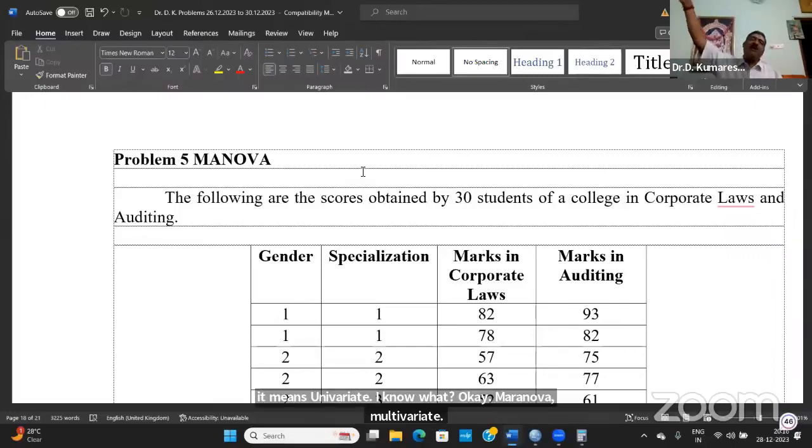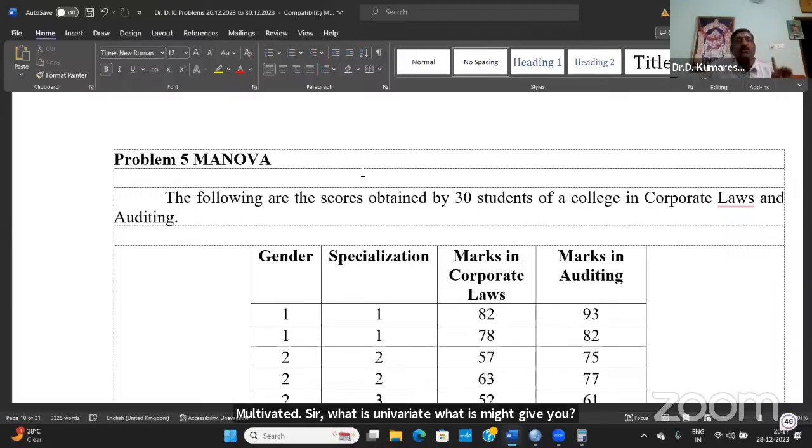ANCOVA, again, univariate. MANCOVA, multivariate. Sir, what is univariate? What is multivariate? In the case of univariate, only one dependent variable. In the case of multivariate, there are two or more dependent variables. That's all.